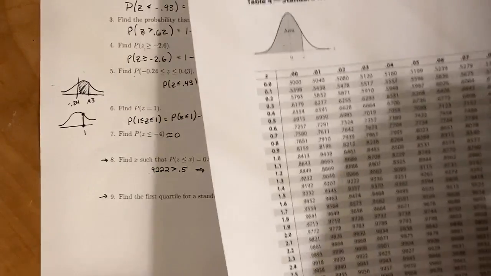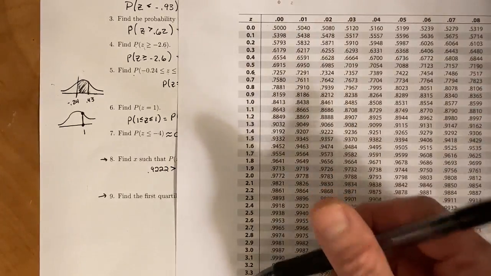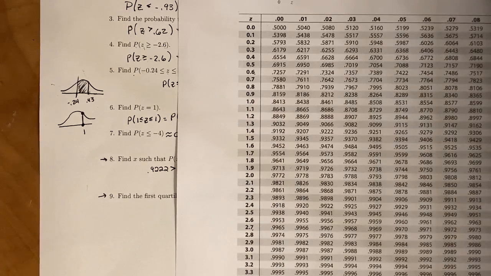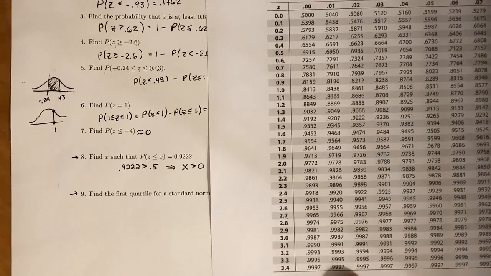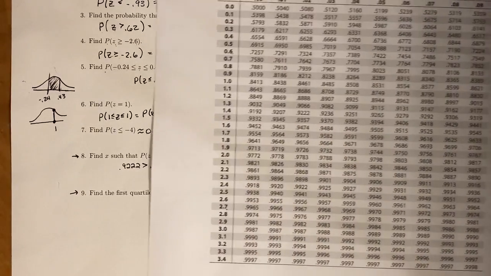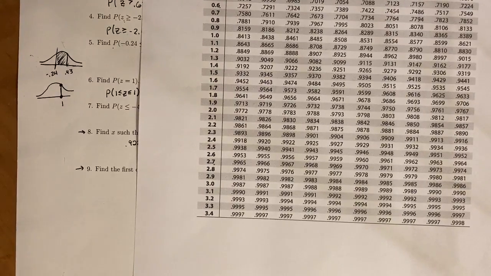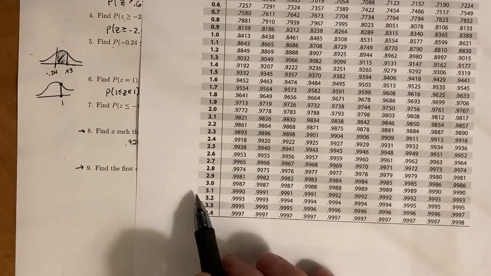And so we're going to be looking at this chart here, where it has the positive z values. And we're looking for 0.9222. So we're going to come into the chart and just start looking for 0.922.